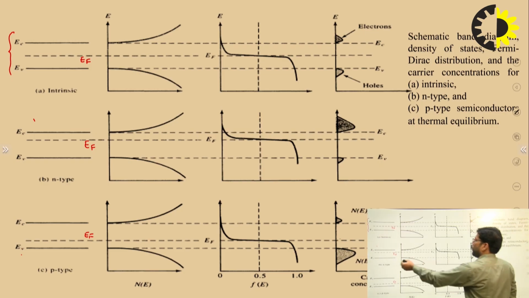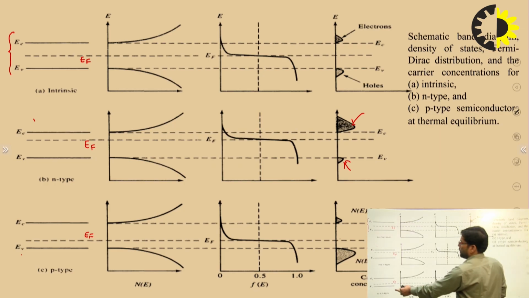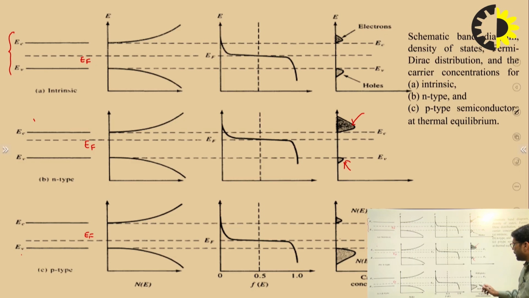While in the case of n-type semiconductor, you can see the Fermi level lies just below the conduction band. Apart from that, you can clearly observe the concentration of electrons is very much greater than the concentration of holes here, right? Similarly, for the p-type semiconductor, the concentration of holes is very much greater than the concentration of electrons.